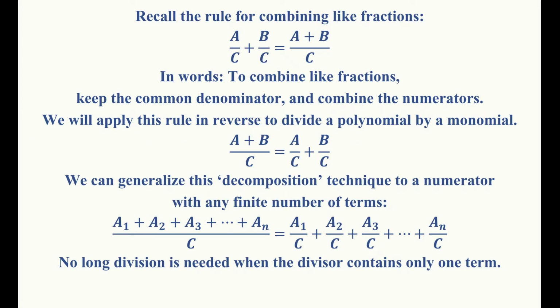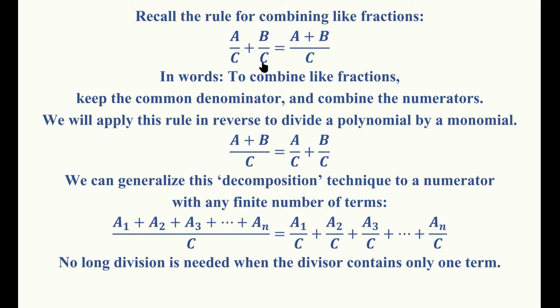The procedure for dividing a polynomial by a monomial is very simple, and it does not require the use of long division. Now, if you recall the rule for combining like fractions, which we have seen before, when you want to combine two like fractions, whether you're adding or subtracting makes no difference. We basically keep the common denominator.